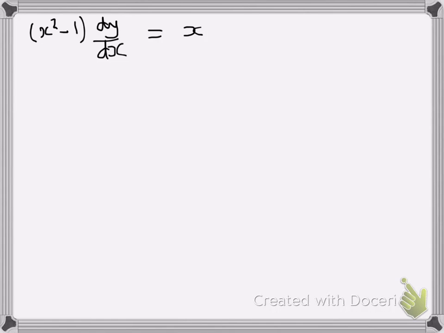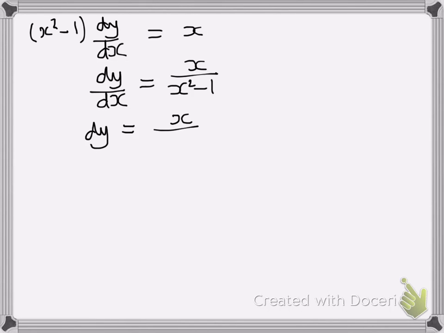Rearranging this will give me dy by dx equal to x over x squared minus 1. And again, rearranging, I can say dy equals x over x squared minus 1 dx, and then integrate both sides.